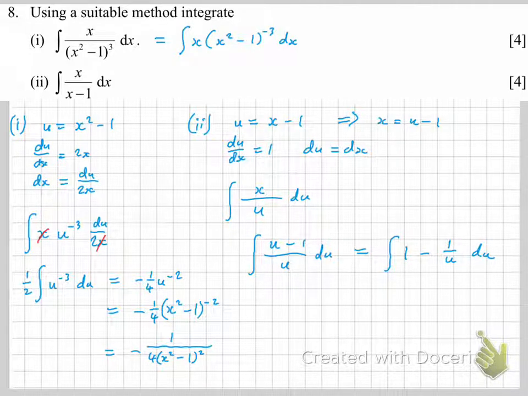Cast your mind back to those red partial fractions I had a moment ago, which look very similar to what you're looking at right now here. Integrate that, u minus ln u, I should have a plus c there, and then replace with your expression for x. And you've got your answer.